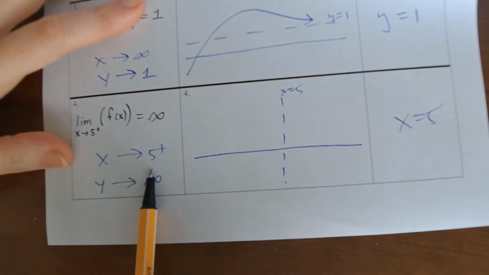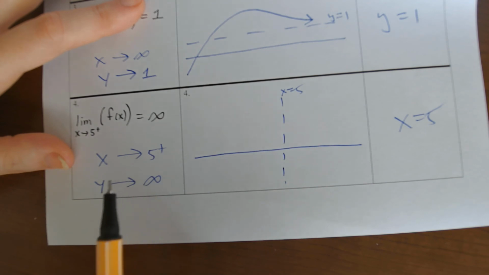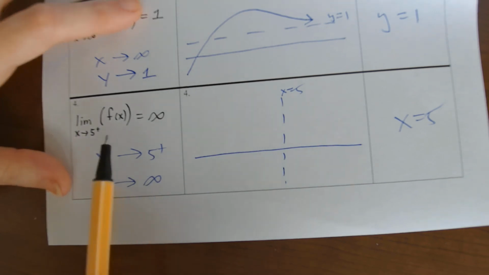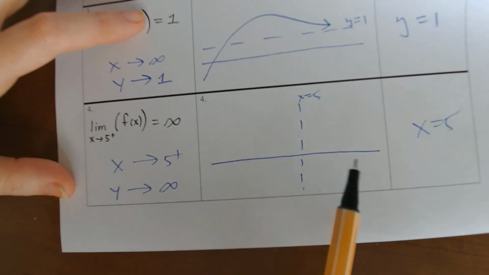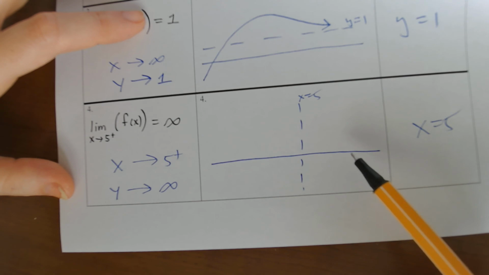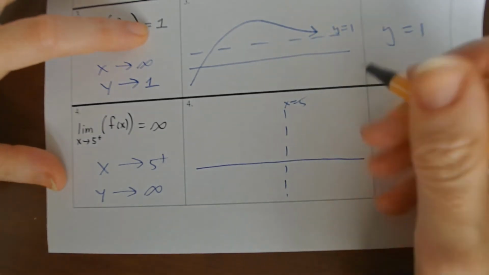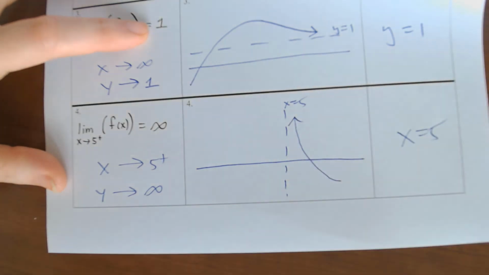And x is approaching 5 from the right, and the y's are shooting up this time to positive infinity. I'm not going to have a graph on both sides of this, because you can't cross a vertical asymptote. I'm only going to have a graph on the right, just like that.